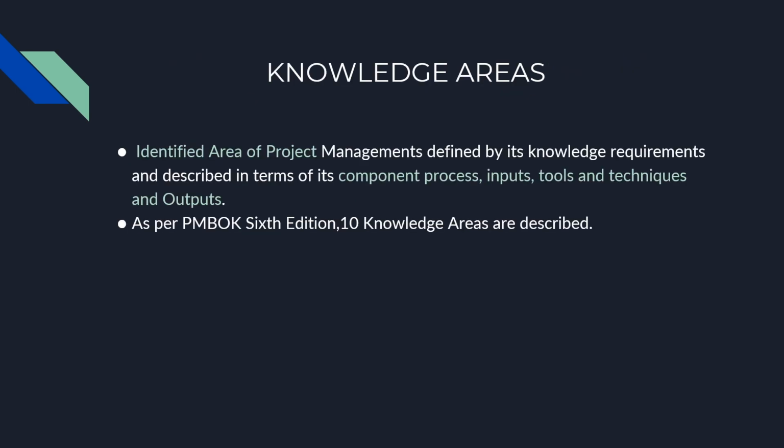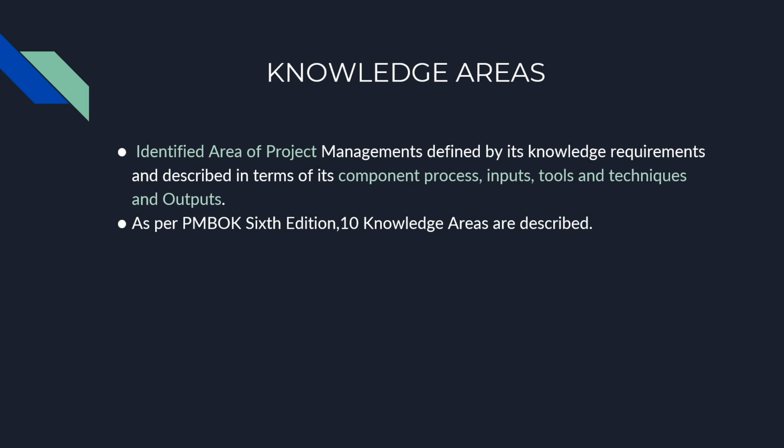In terms of knowledge areas, the keywords are: identified areas of project management defined by its knowledge requirements, which can be described by its components, processes, inputs, tools and techniques, and outputs.